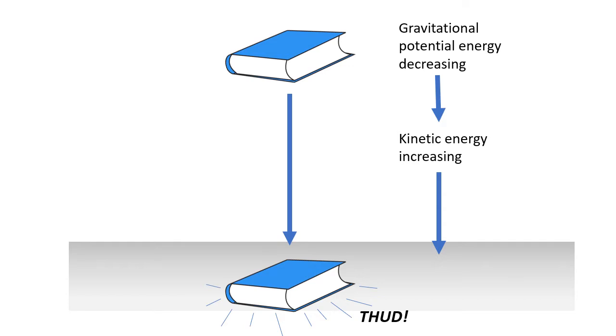So a loss in gravitational potential energy results in a gain in kinetic energy. At the end, the rest of the energy is transferred to the surroundings as heating or sound on impact. But remember, sound is not an energy store. Sound energy is the kinetic energy store of vibration of particles.